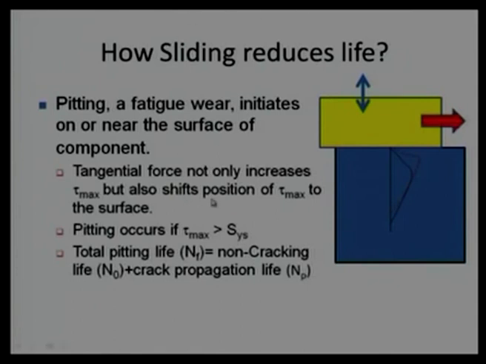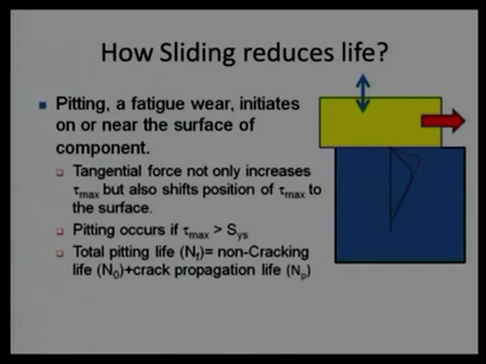Now, if there is sliding introduced, then what will happen? We need to have some sort of friction force to push it, because this force will be much larger than a rolling friction force. So, we are introducing an additional force over here in the tangential direction, and that tangential force is going to increase the tau max value.